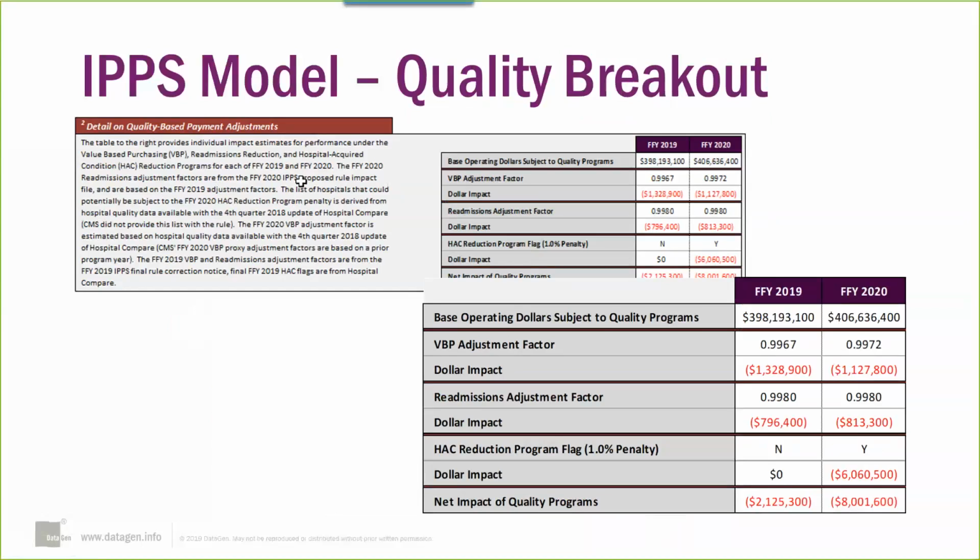They only release the readmission data periodically, actually once a year, so we are unable to recalculate that through the year. So we must use what CMS provides. While the VBP and HAC impacts are based on the fourth quarter 2018 update to Hospital Compare.